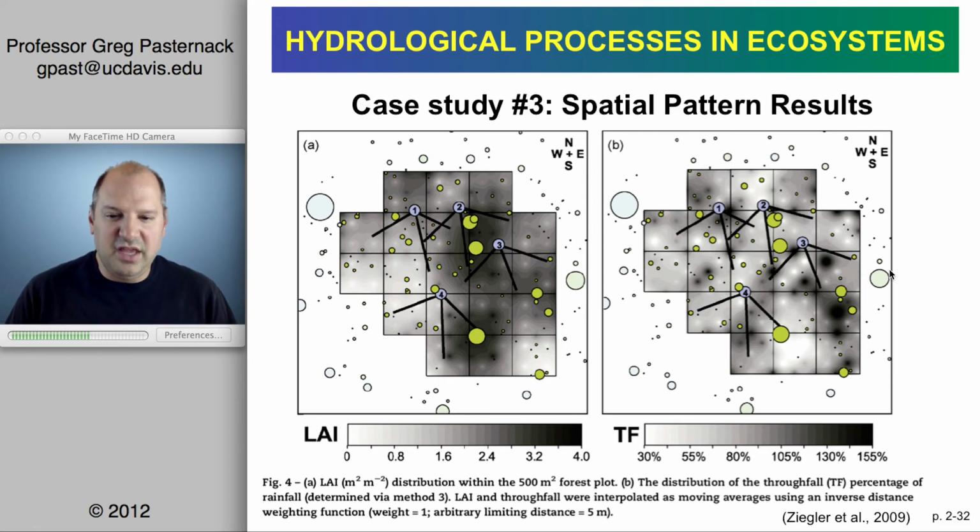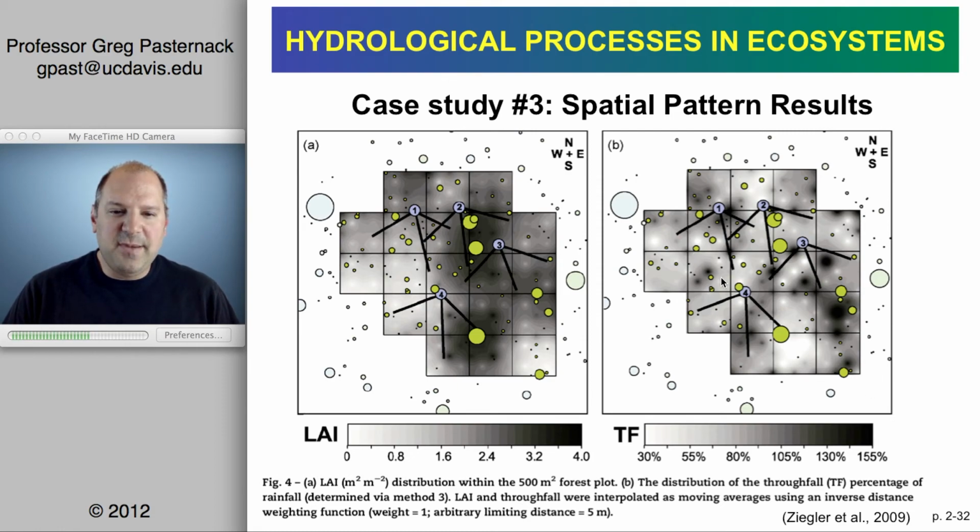And when I look at this visually, I don't see that areas of white here with low leaf area index necessarily correspond. So like this lower right cell has the lowest leaf area index, and yet it doesn't have the lowest throughfall. This one to the right has the lowest throughfall, about 30%, but it has a relatively high leaf area index. Notice that compared to that satellite image that I showed you from Africa that had a leaf area index from 0 to 6, here we have a leaf area index from 0 to 4.